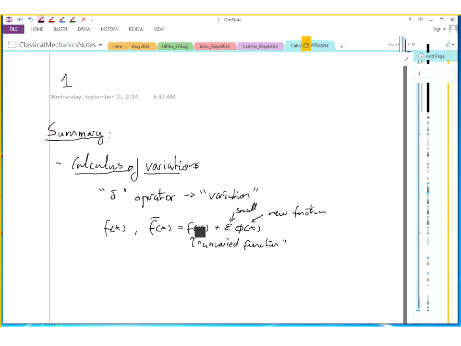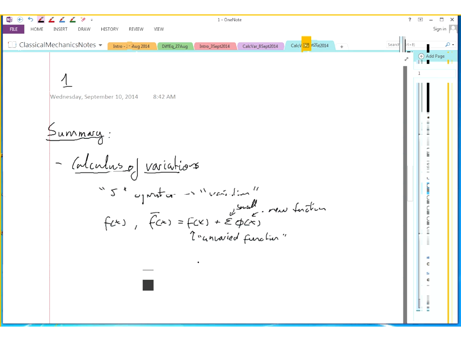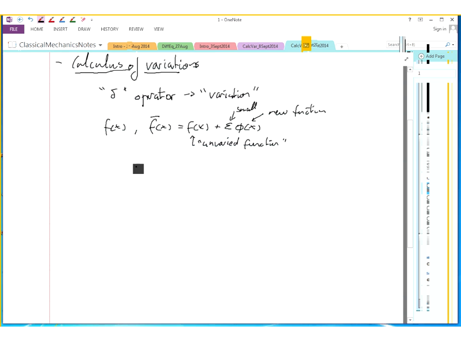So f bar of x is a function that's kind of like f of x, but it differs by a small amount that one can tune by making epsilon bigger or smaller. And so we define the variation of f as f bar minus f, which is epsilon phi of x. Okay?